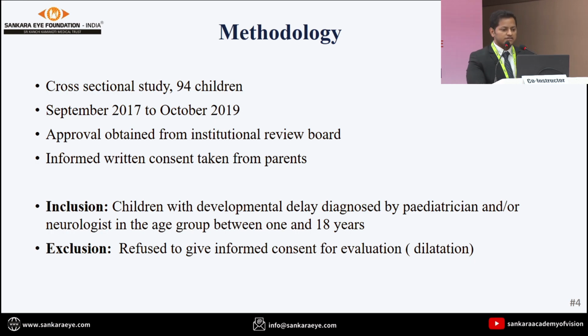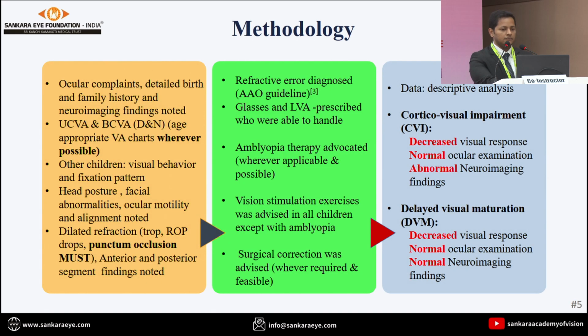This was a cross-sectional study of 94 children done between September 17 to October 19. We included children with developmental delay diagnosed by a pediatrician and or neurologist in the age group between 1 and 18 years. In the methodology, we included detailed history including birth history, and detailed anterior and posterior segment examination. UCVA and BCVA were noted down.